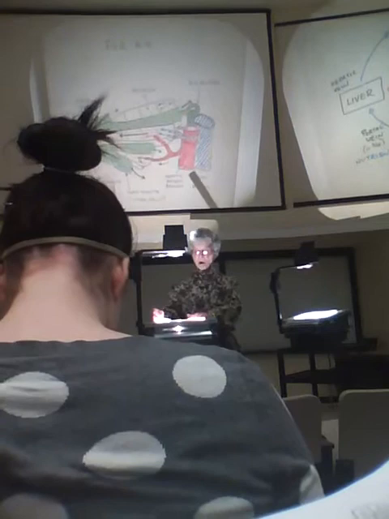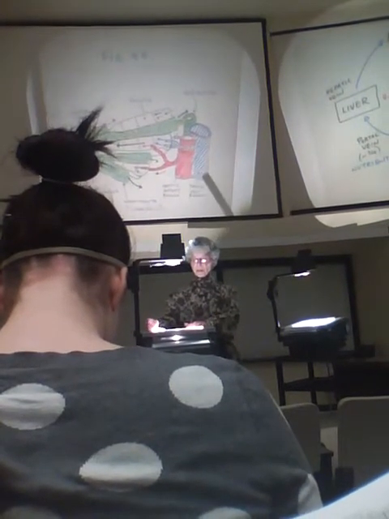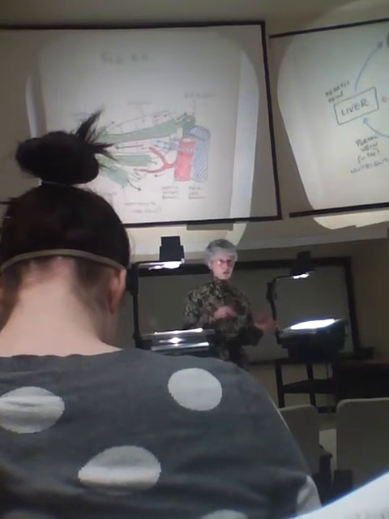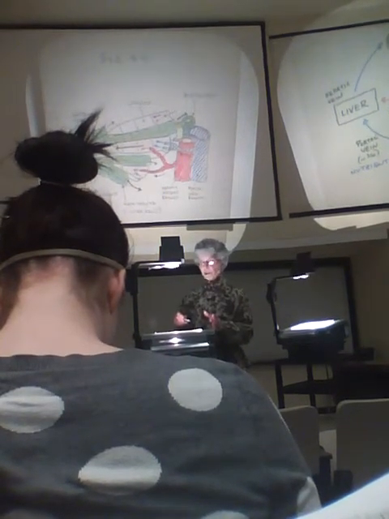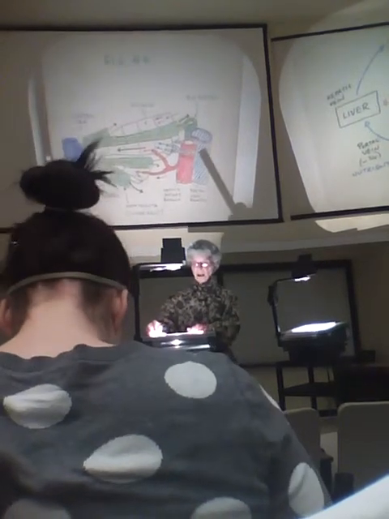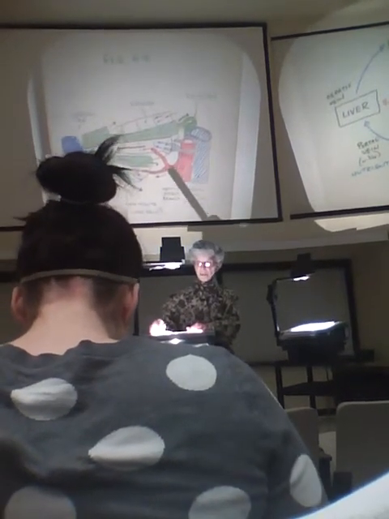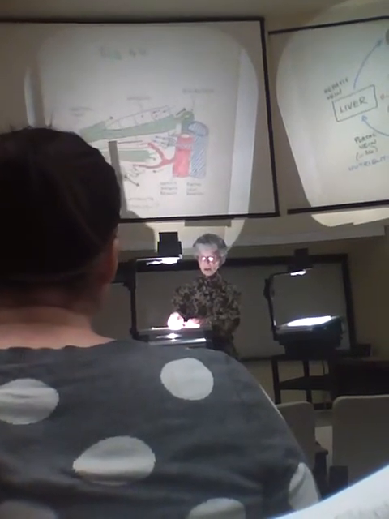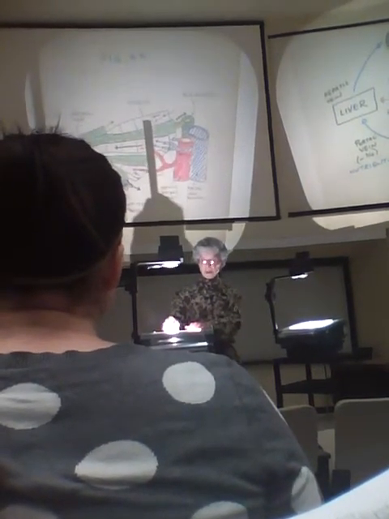You have the branch of the hepatic artery, the branch of the portal vein, and these are both bringing blood, oxygen-rich and nutrient-rich respectively, to the liver, to this lobule, and then you've got branches of branches, and these enter into these spaces which I haven't covered, called sinusoids.